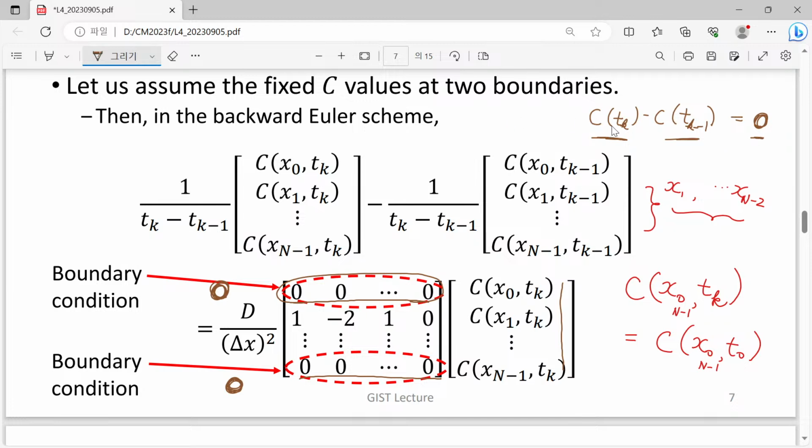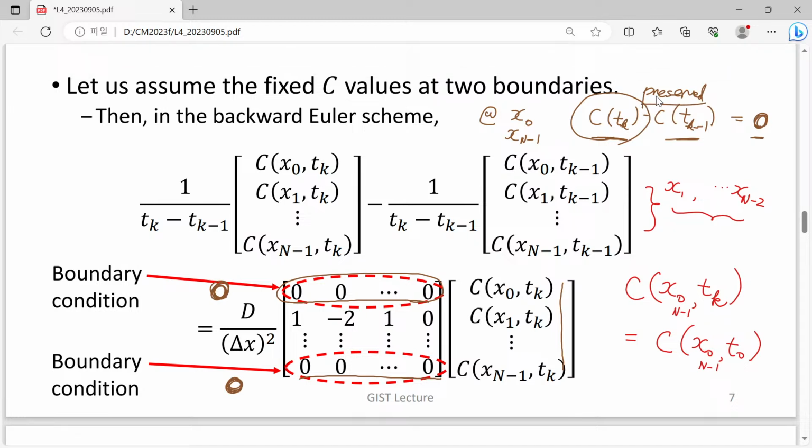Simply speaking, at x0 or at xn-1, the density is just preserved. We have a constant one fixed as the initial value. That is my suggestion. So are you all with me?